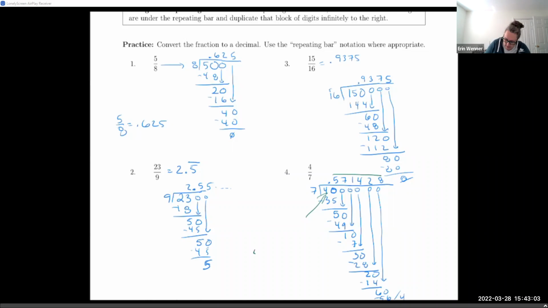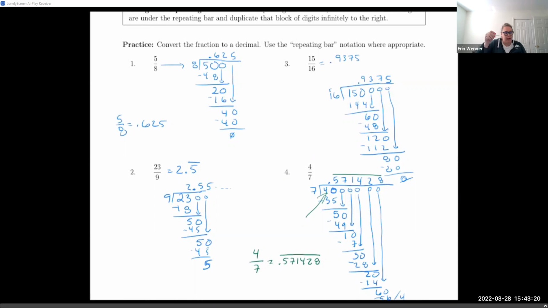So 4/7 is equal to 0.571428 repeating. And again, let's talk about how I know that. It's because of the pattern. Unfortunately, I ran out of room, so you can't really see it on our screen.